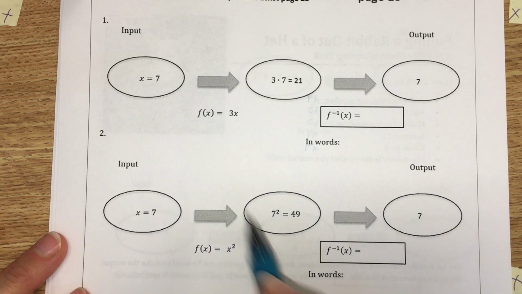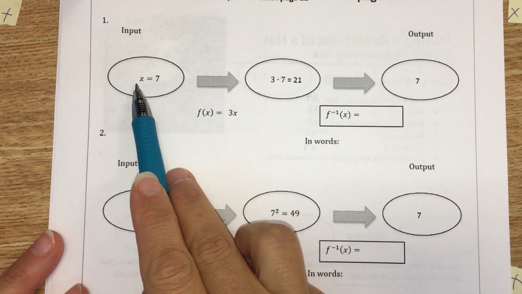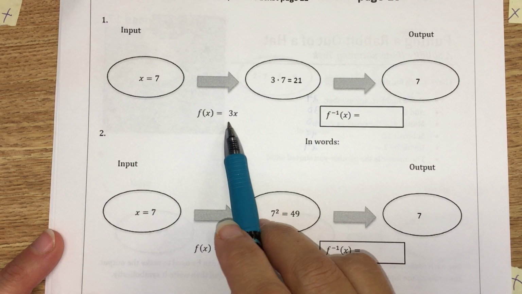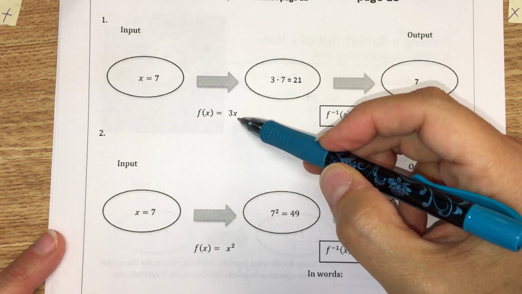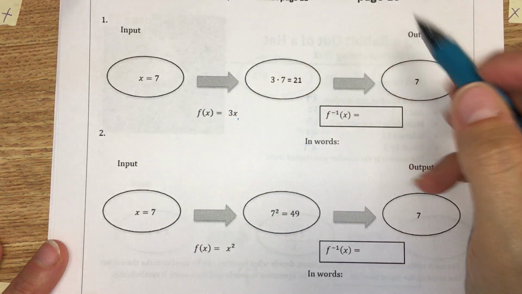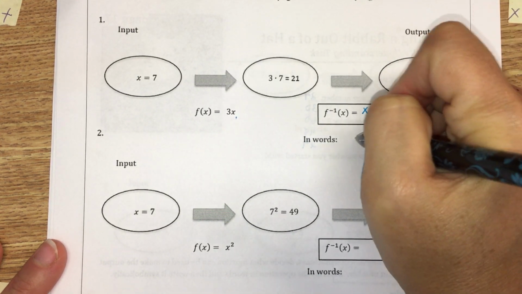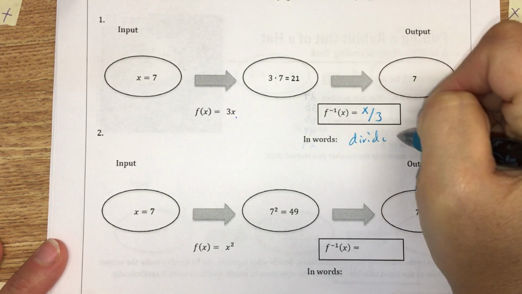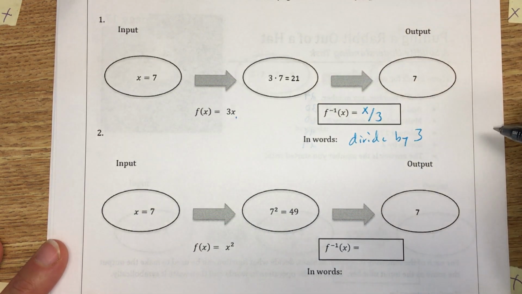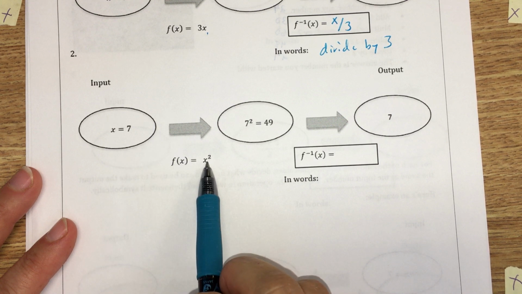So number 1, we have x equals 7, and the operation here is to multiply by 3. So the inverse function will be to take x and divide by 3. Okay, not so bad. Here for number 2, I'm squaring.